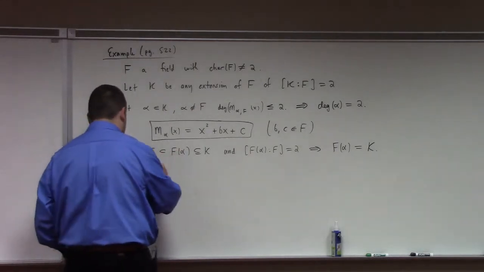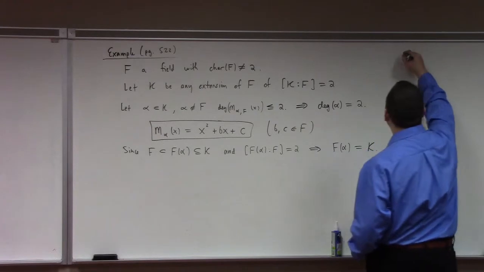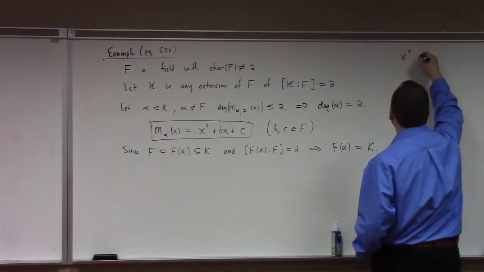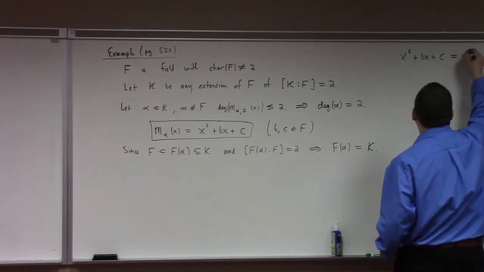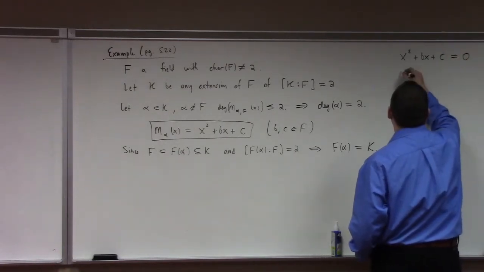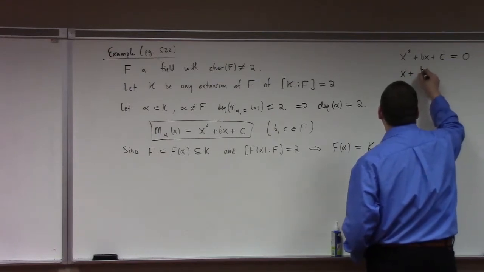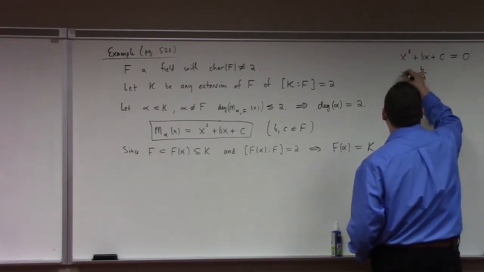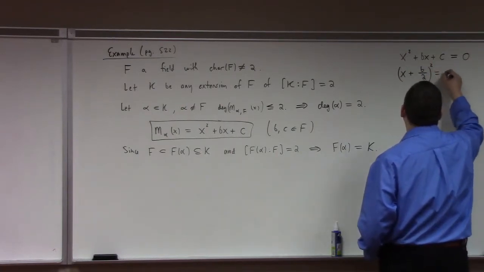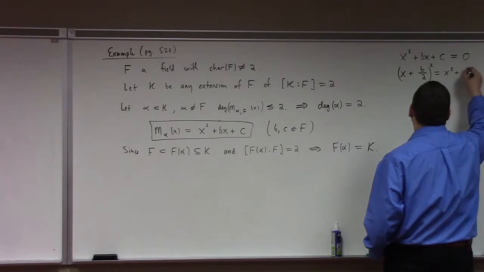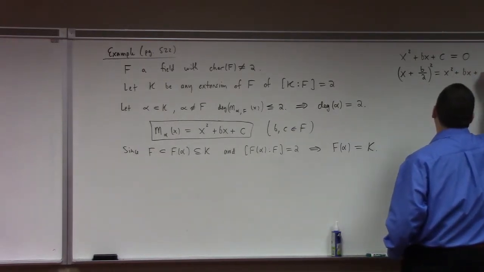So if we're looking to solve x squared plus bx plus c equal to 0, I can do, that's x plus b over 2, right? So b over 2 squared is what? That's x squared plus bx plus b squared over 4, right?